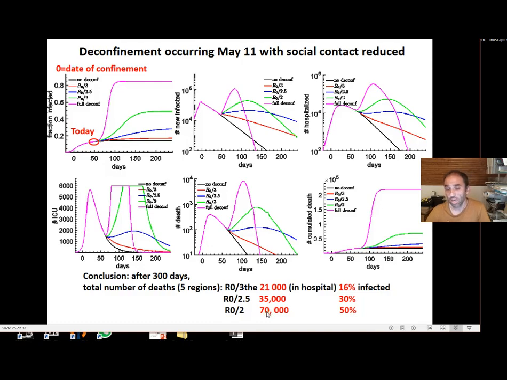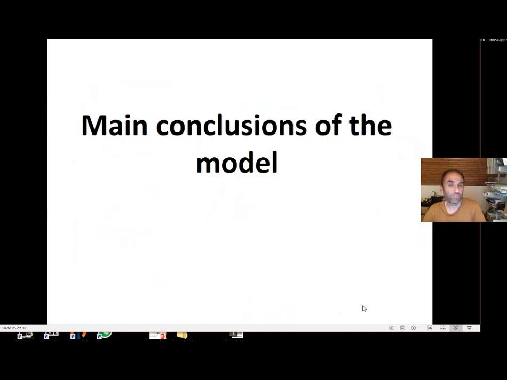I do not account here for the elderly people that are placed in special retirement houses. And this led to 16%, 30% and 50% of infection.